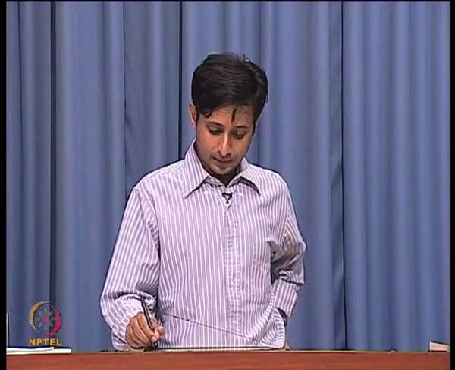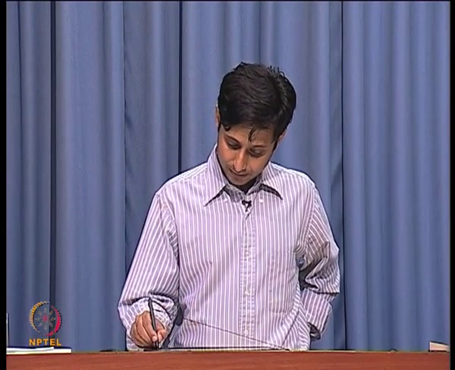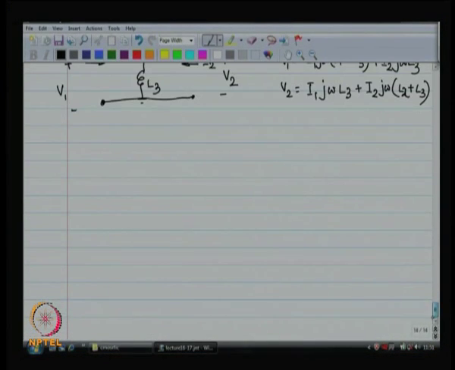Okay. So, that basically means that when I have these three inductors together, instead of making three inductors separately, I can make it as a set of two mutually coupled inductors.